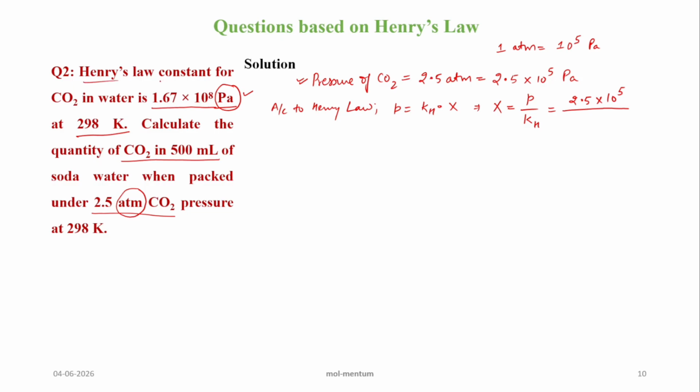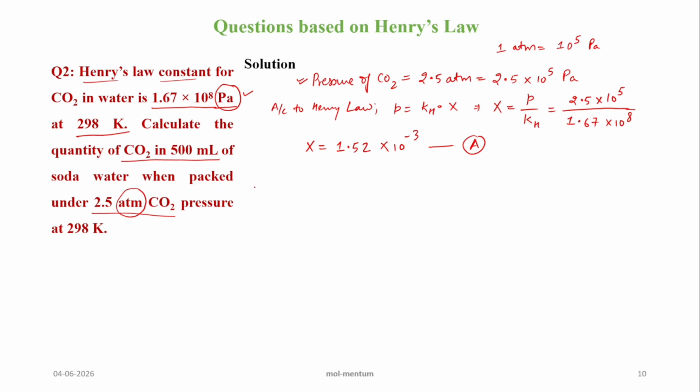It is already given, 1.67 into 10 to the power 8. If you solve this, the mole fraction comes out to be 1.52 into 10 to the power minus 3. I'm calling it equation A, because this is important and will help us later. This is the mole fraction of CO2 that we have calculated from this data.